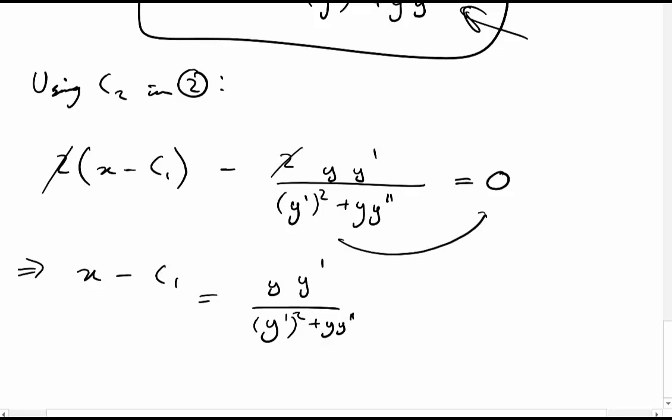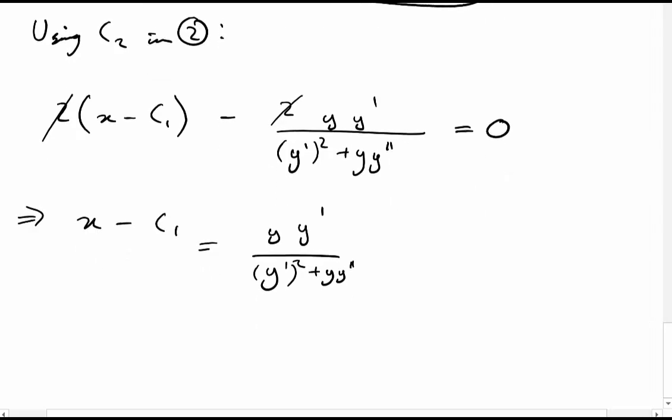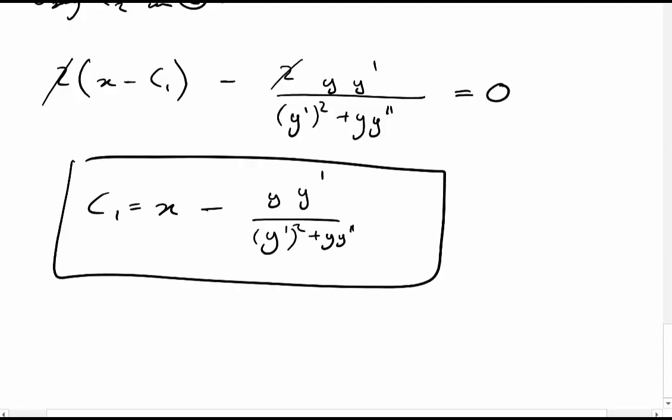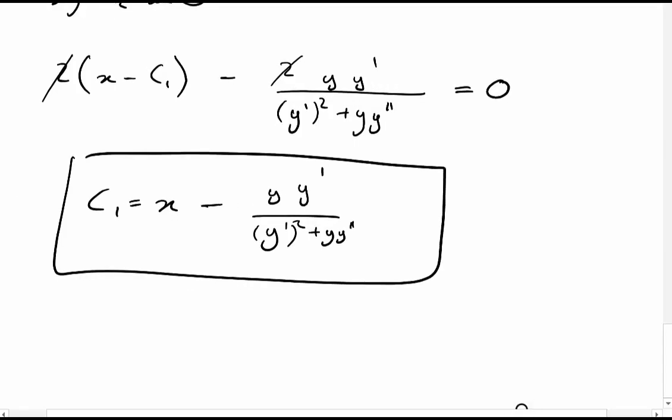So what's C1 equal to? Actually, no, I'm going to leave that there, and just take C1 over to the other side. That makes more sense. So in other words, C1 is equal to all of this thing. Okay, so I've now found an expression for C1.